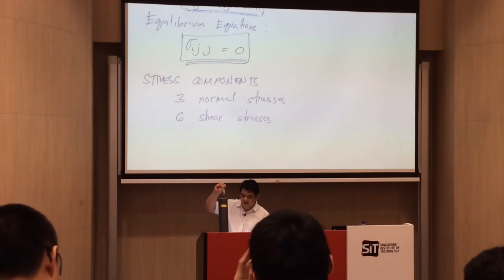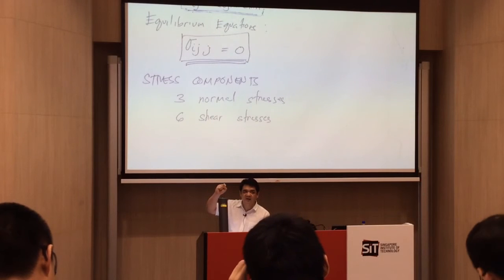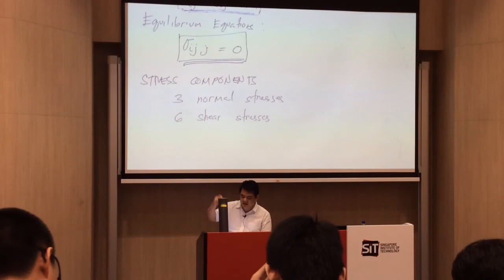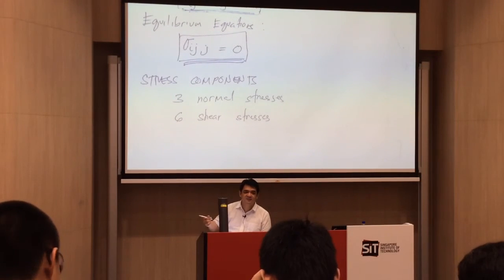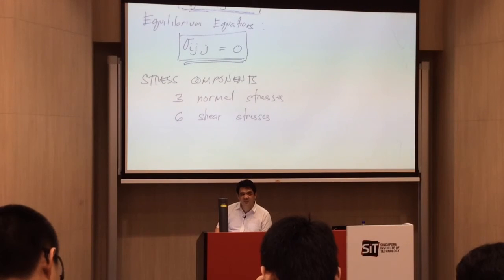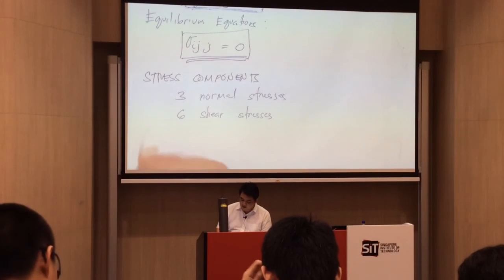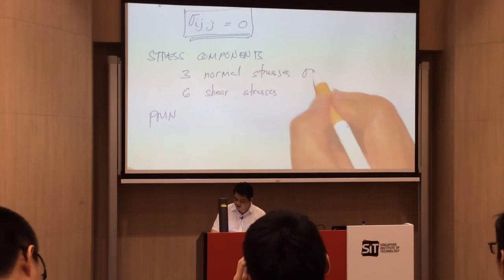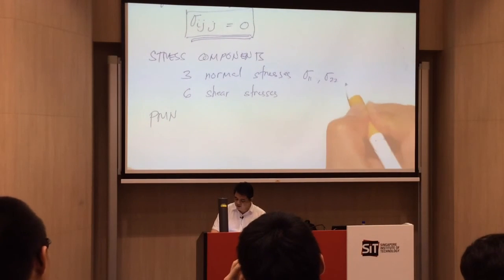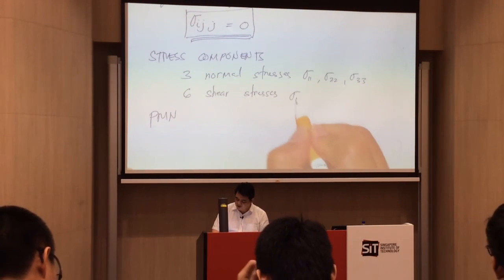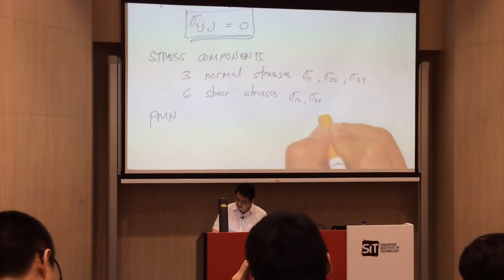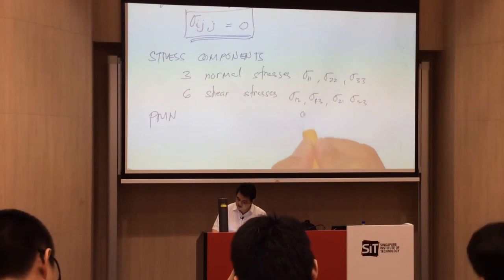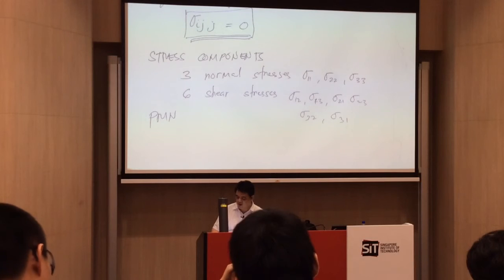If you're going to rotate that element, you probably will be able to get 3 normal stress components, which are the principal stresses. Okay, and then so what are your normal stresses? This one is sigma 11, sigma 22, sigma 33, and this of course 12, 13, 21, 23, 32, 31.